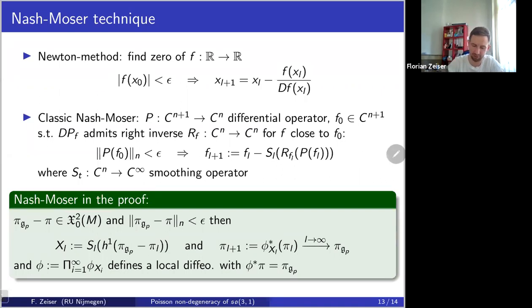Especially, we needed to find smoothing operators which map flat vector fields to flat vector fields. And because we have these norms which have two indices, one needs to adapt the estimates a bit in order to obtain these two convergence statements. Yeah, that is the rough idea of how we prove this.